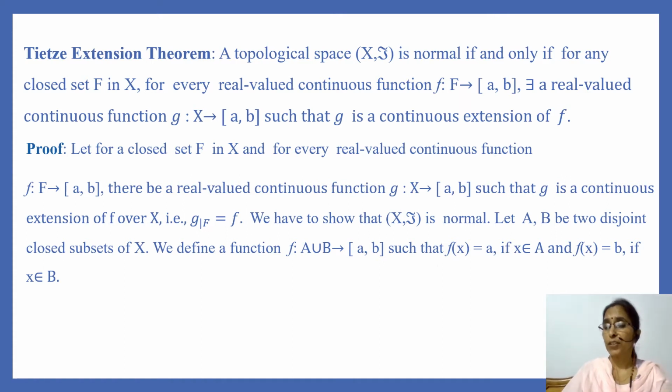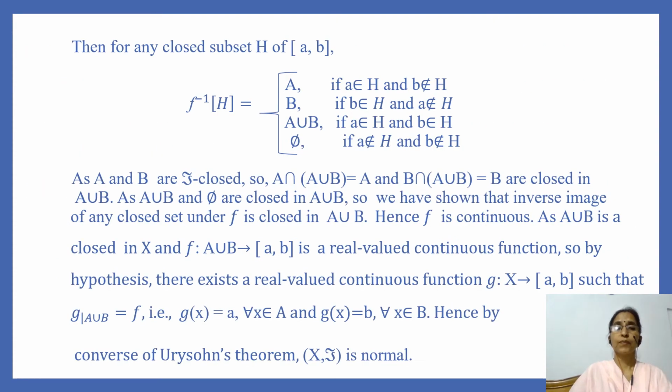We define a function f from A union B to closed interval [a, b] such that f of x is equal to a if x belongs to A and f of x is equal to b if x belongs to B. Then for any closed subset H of closed interval [a, b], inverse image of H under f is equal to A if a belongs to H and b doesn't belong to H, because image of every element of set A is small a.